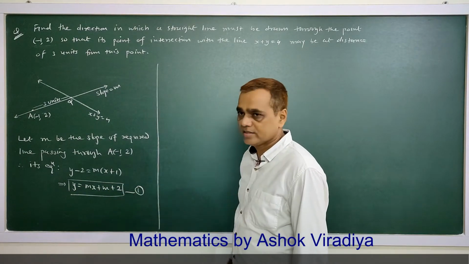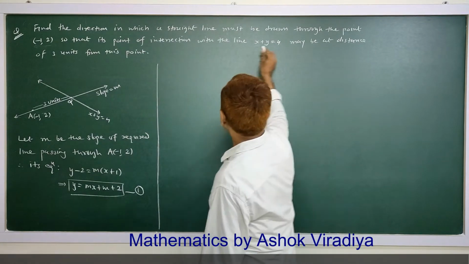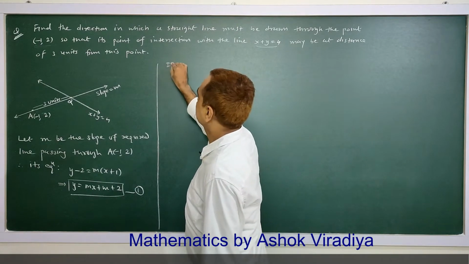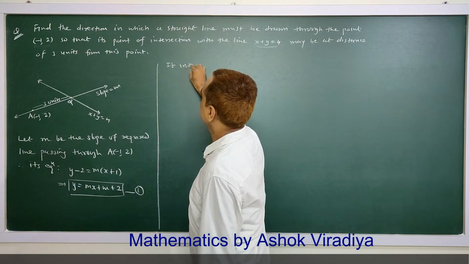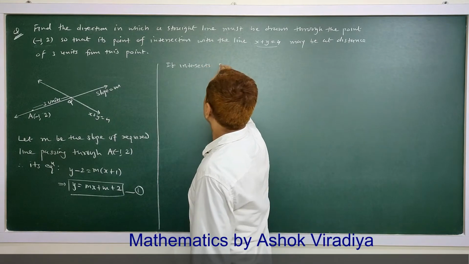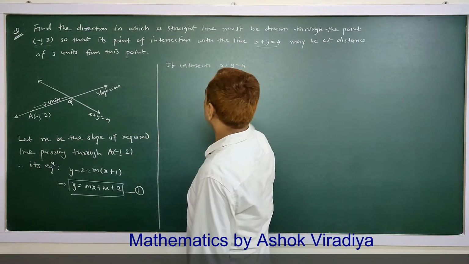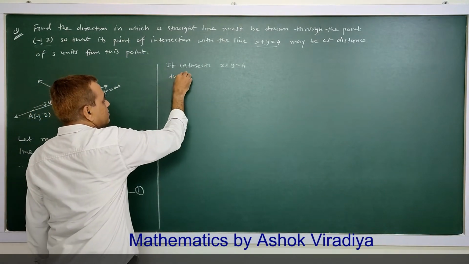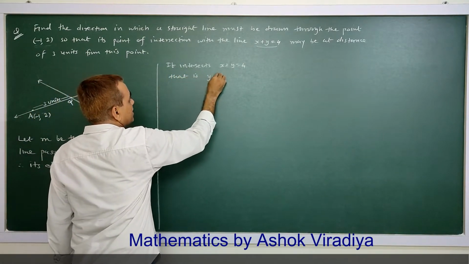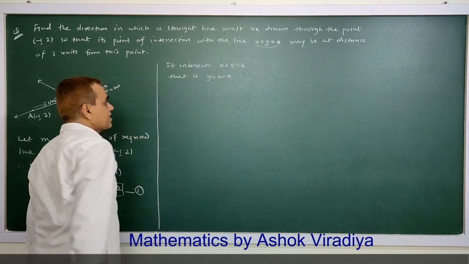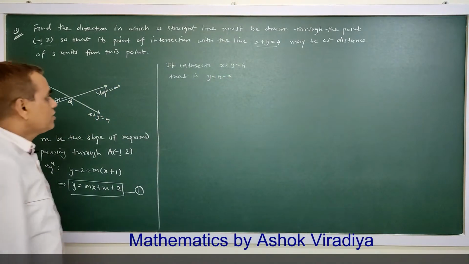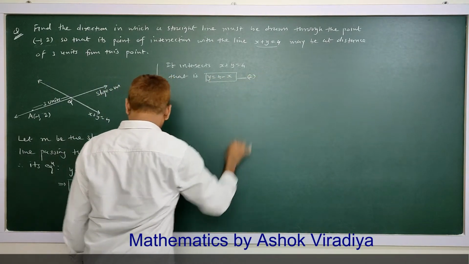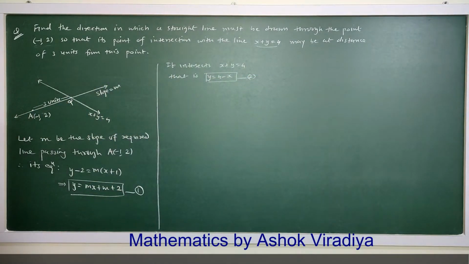Now this line intersects x plus y equal to 4, that is, y equal to 4 minus x. So this is the equation of the second line, and this is the equation of the first line.